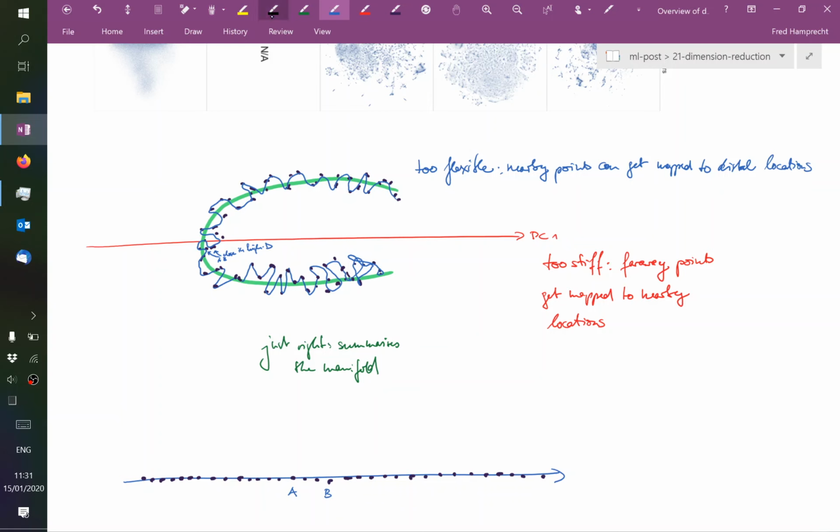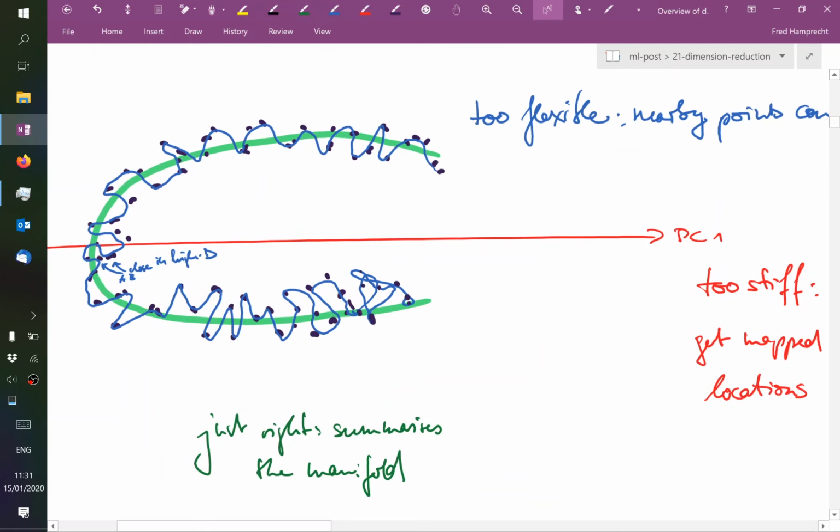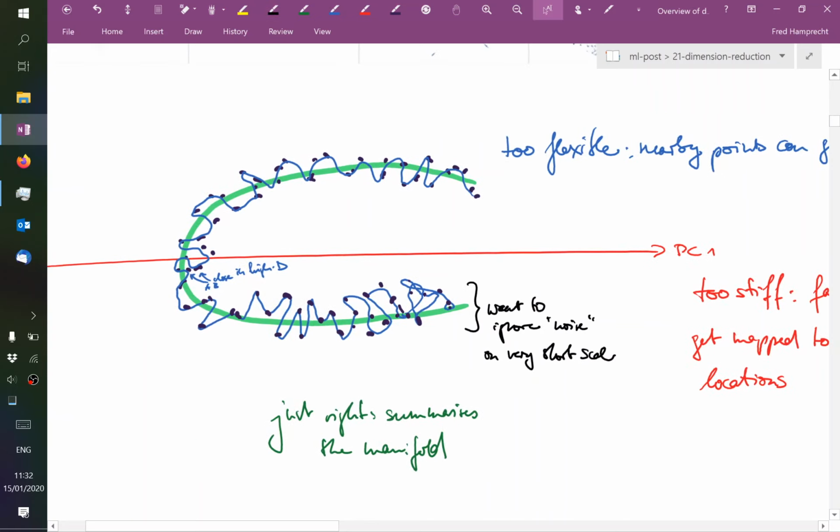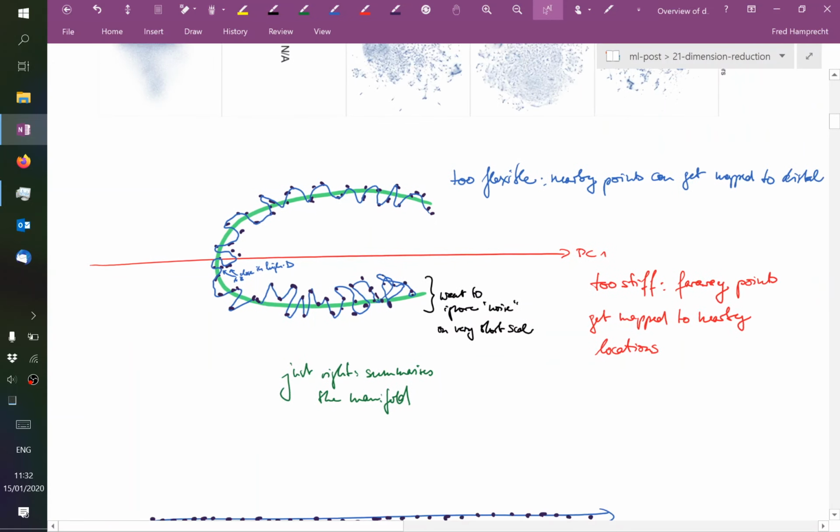So here, let's say I want to ignore what I here call noise on very short scale. And now clearly, my green summary of the data does not do some of the longer distances justice.